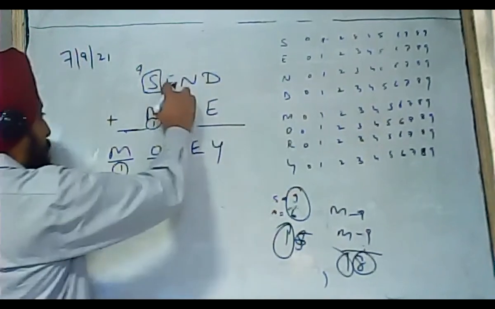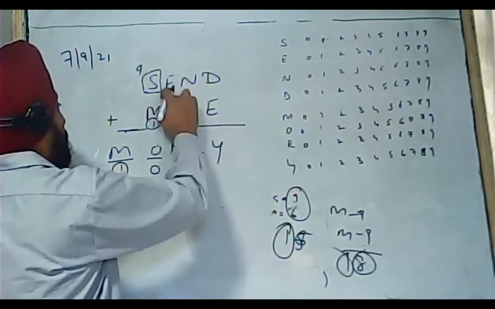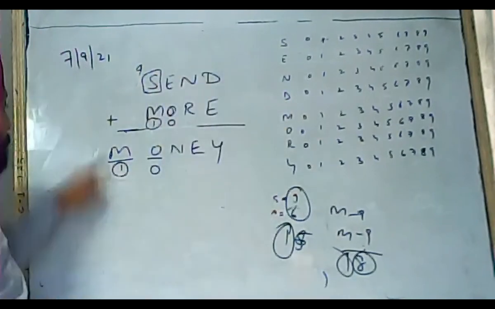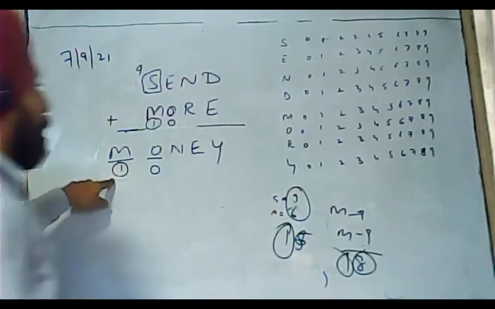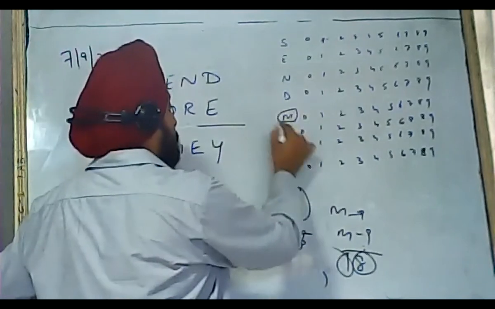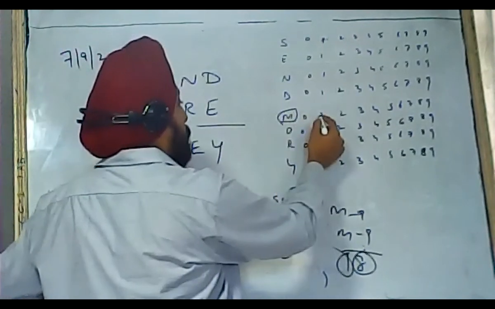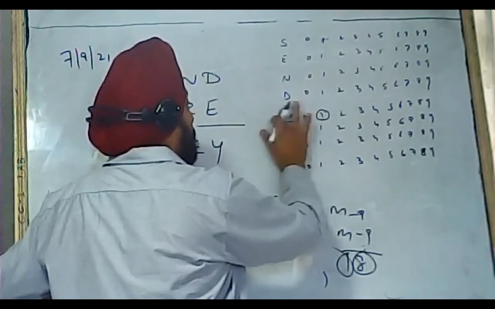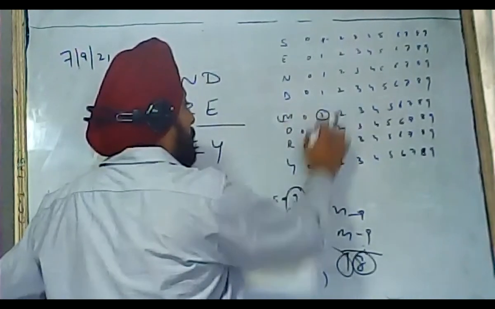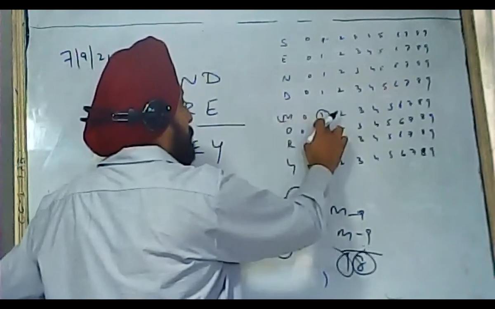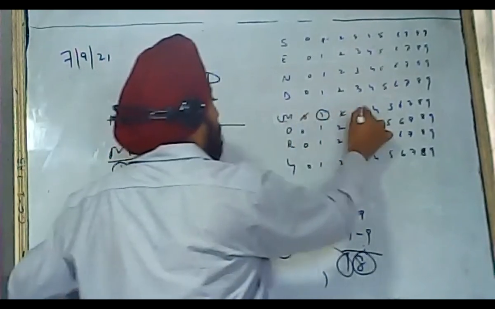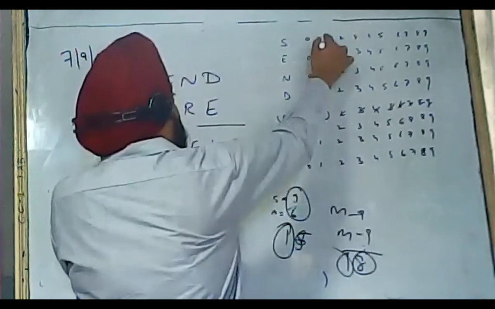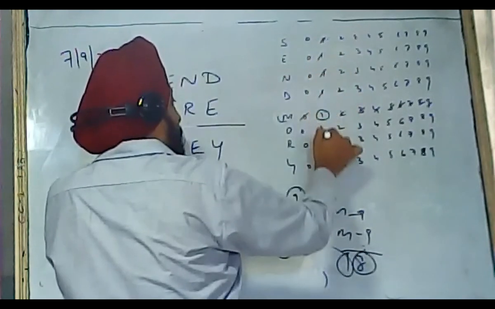So now we have to find the value of E. Once you have given M 1, what will you do? Here it is M, so 1 has been assigned to M. The value of M is 1, so M cannot be given any other digit, and this 1 cannot be given to any other character.